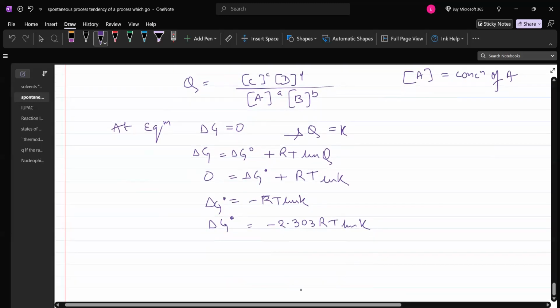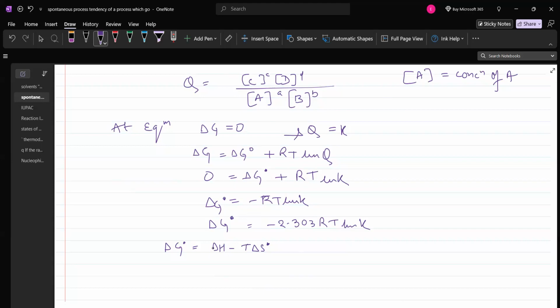So delta G naught, we know delta G is delta H minus T delta S. So delta G naught is delta H minus T delta S. Standard means this is done at a specific temperature for 1 mole of a compound.